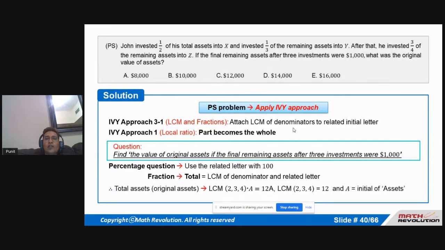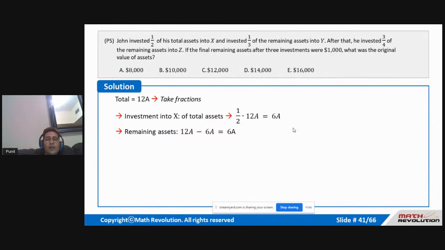For a percentage question, we always use 100. For fractions, we always use LCM. We have three fractions, 1/2, 1/3, 3/4. Let's take the LCM of 2, 3, 4, which happens to be 12. We are dealing with the word asset. Let's attach an initial letter A to it. So total assets become 12A. Now let's talk about the fractions.